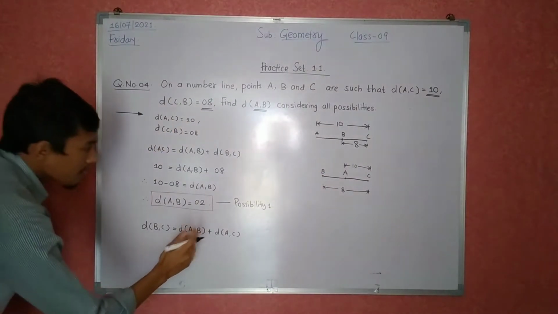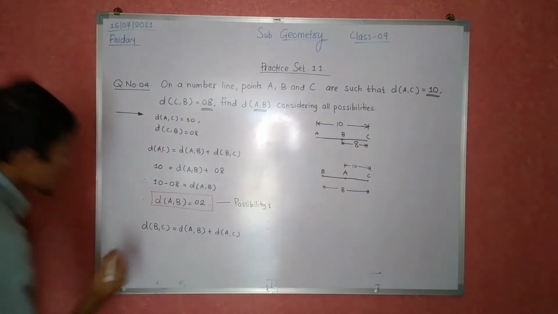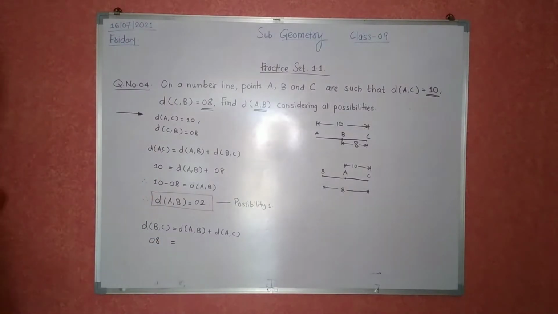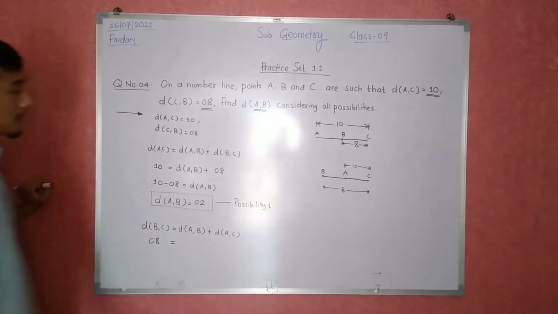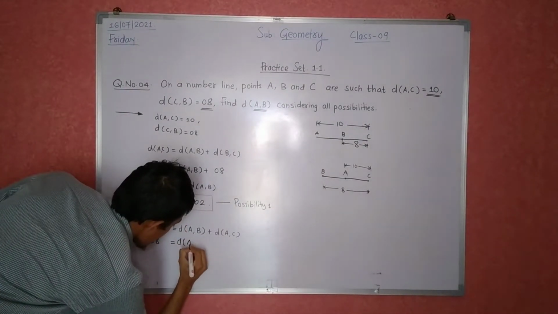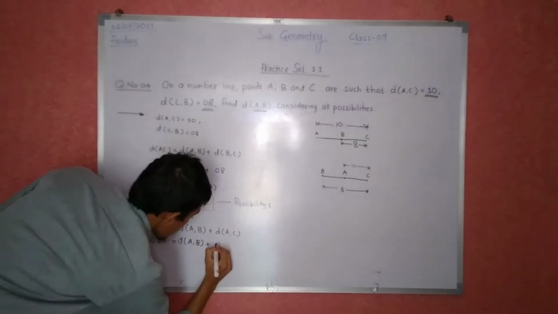So we know the value of BC, it is 8 is equal to what is AB, D of AB we don't know, plus D of AC is 10.